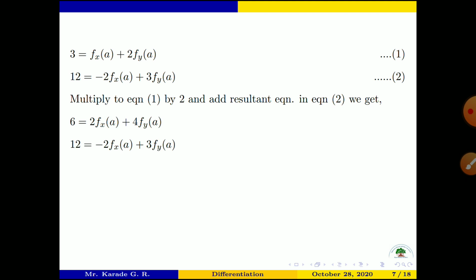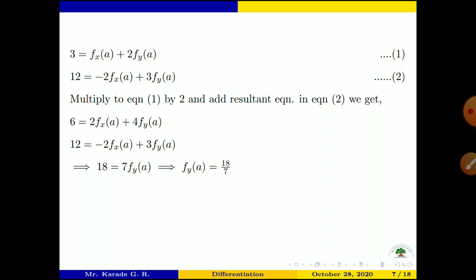Now we write the second equation below this equation. 12 is equal to minus 2 fx at a plus 3 times fy at a. If we take the addition of these two equations, minus 2 fx at a and plus 2 fx at a will get cancelled, and we get on the left hand side 18 is equal to, on the right hand side, 7 times fy at a.